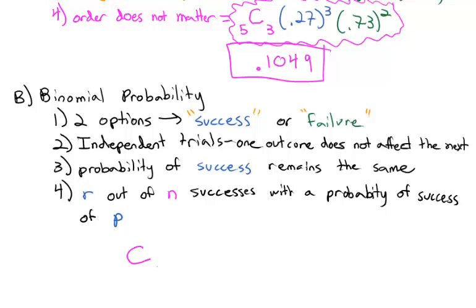It's going to be a combination, just like with the baseball problem, to account for all the different orderings of those R successes.